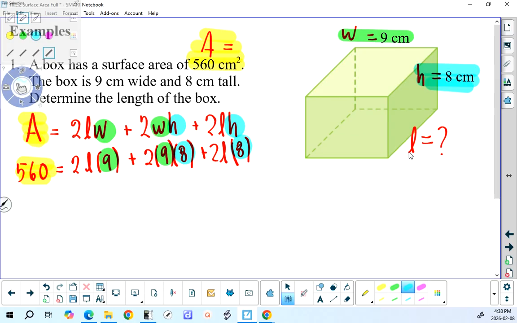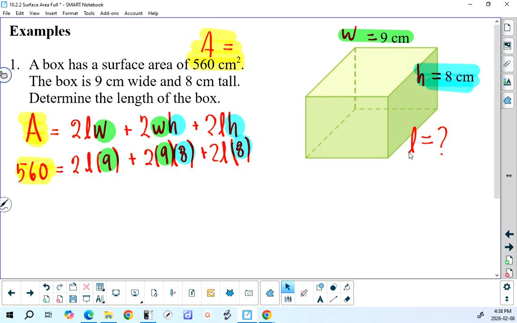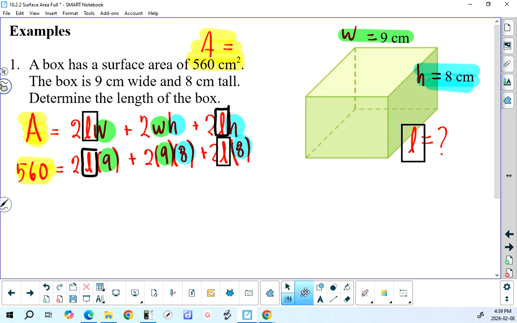And that means that wherever there was an L, we just left it as an L because we don't know what L is yet. Now, that's your first step. Put in everything you know.